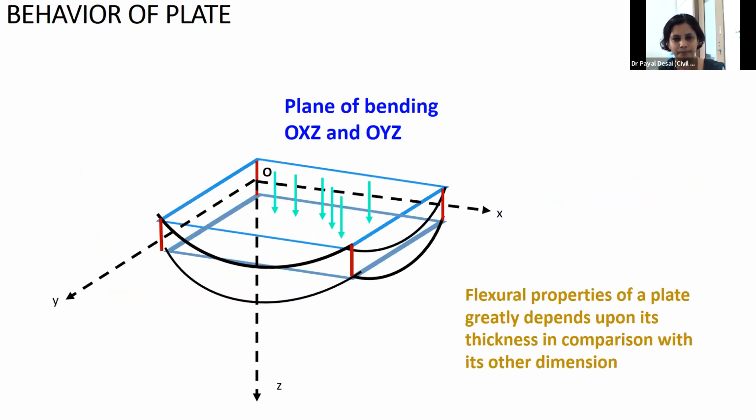Similarly here, we have to define the plane of bending. So there are two planes of bending. One is covering OX and Z, and the second plane is covering OYZ. So this is the plane of bending, and in the other axis, this is the plane of bending. So the plate will deform only in those particular planes, basically.